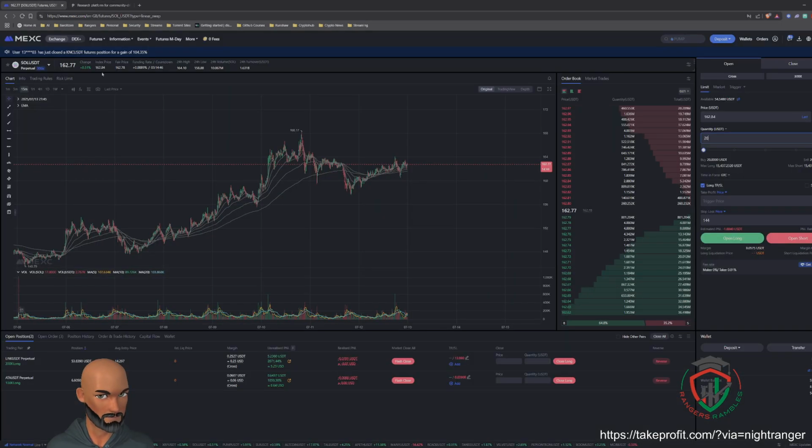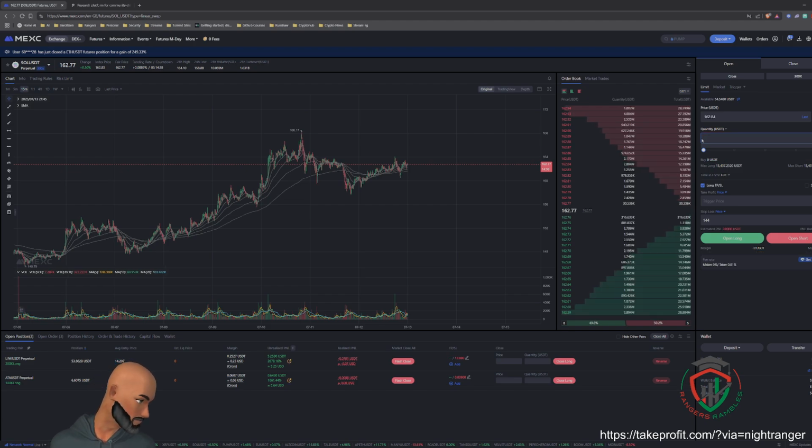A 7RR trade means I need a $1 margin. For me to have a $1 margin to make $7, I need to risk $33.